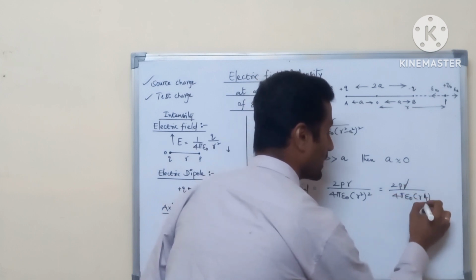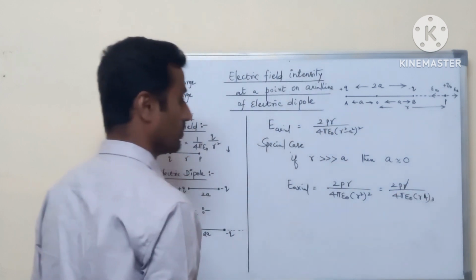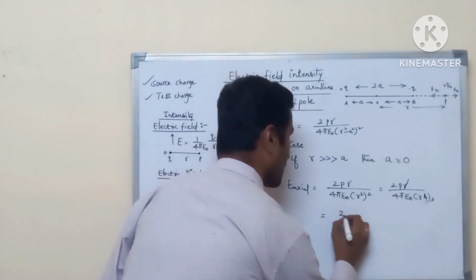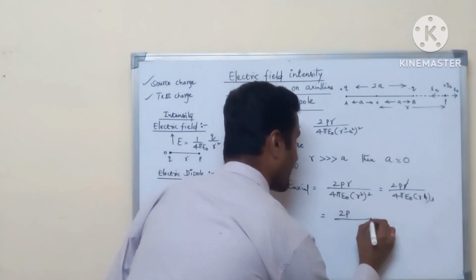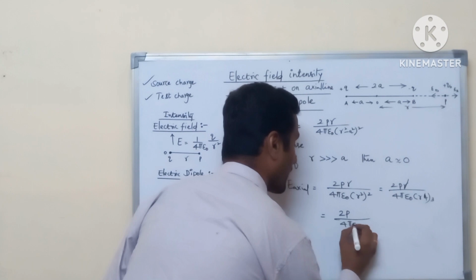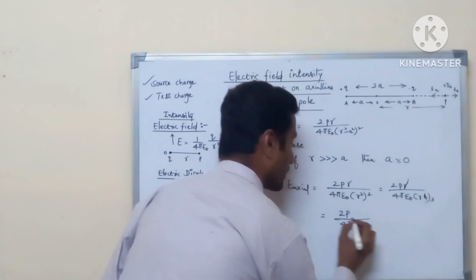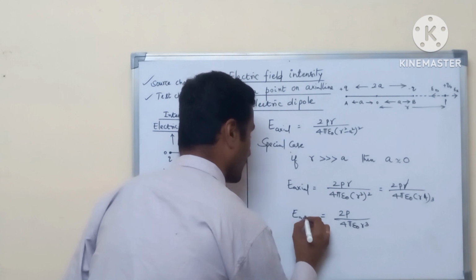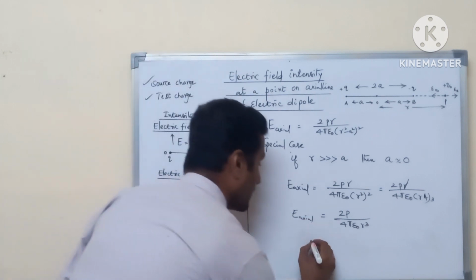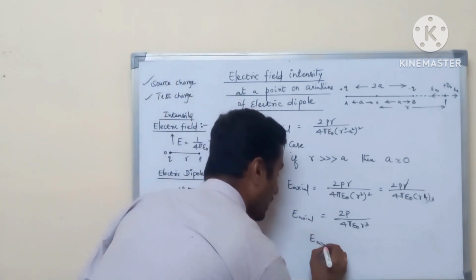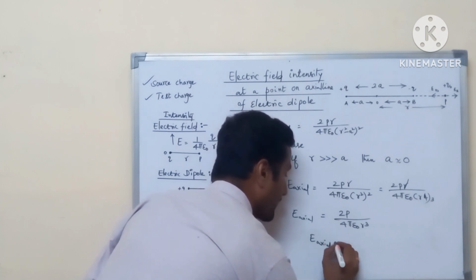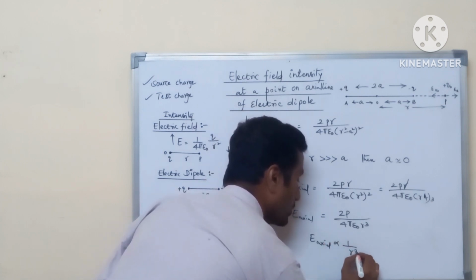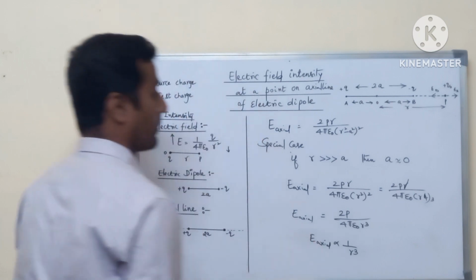By cancelling the r term, we get 2p divided by 4 pi epsilon naught into r cube. Here the intensity along the axial line is inversely proportional to the cube of the distance.